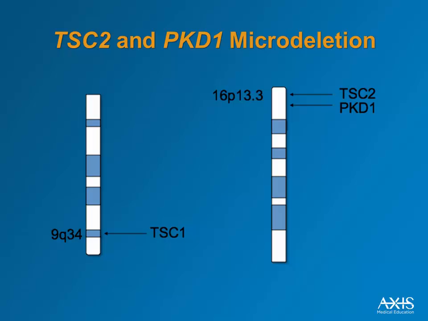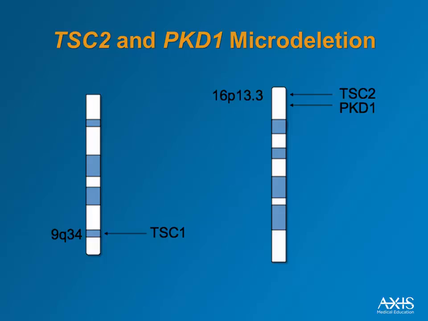This is a diagram of the chromosome location of the TSC1 gene on chromosome 9 and the TSC2 gene on chromosome 16. And one reason to show it is you'll notice on chromosome 16 that very near the TSC2 gene is the PKD1 gene. PKD stands for adult polycystic kidney disease.